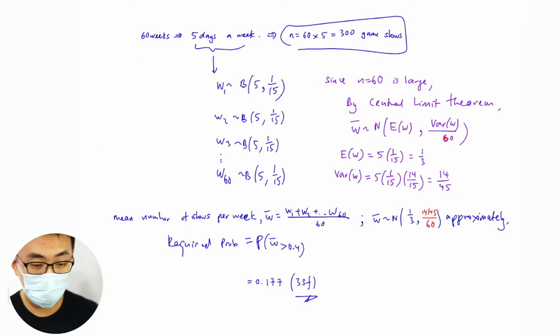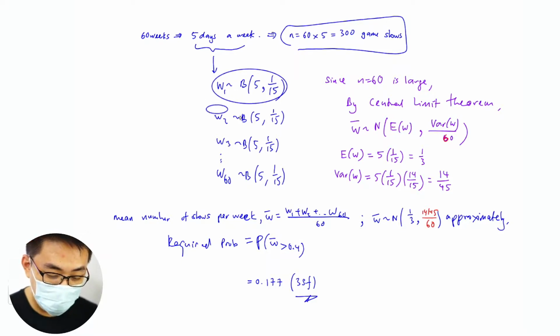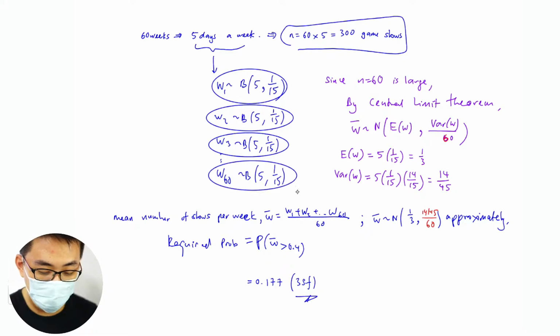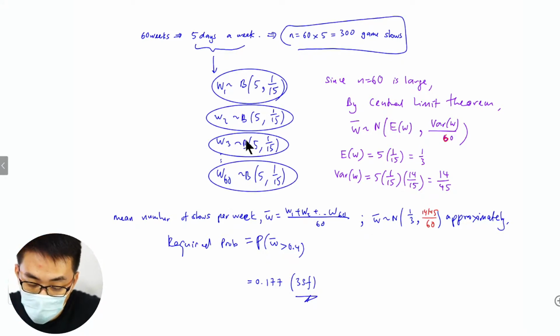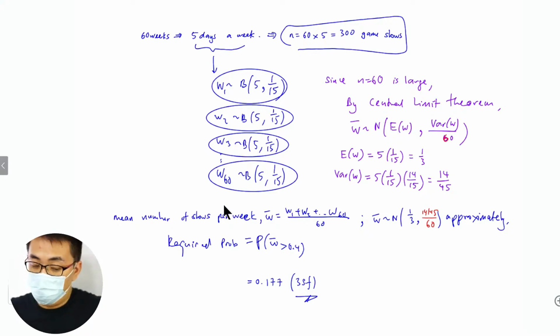There you go. Just visualize this. You run for 60 weeks. Every 1 week is binomial. Then the average of this will just be over 60 weeks. Like I said just now, because they want the mean of every week, I'm looking at W1, W2, W3, all the way down to 60. I just average every week's results out.